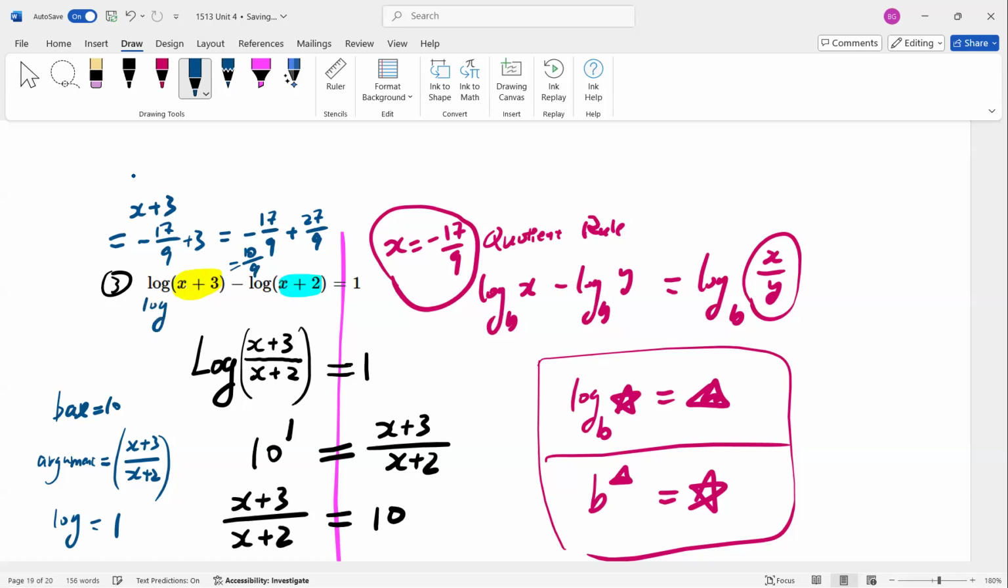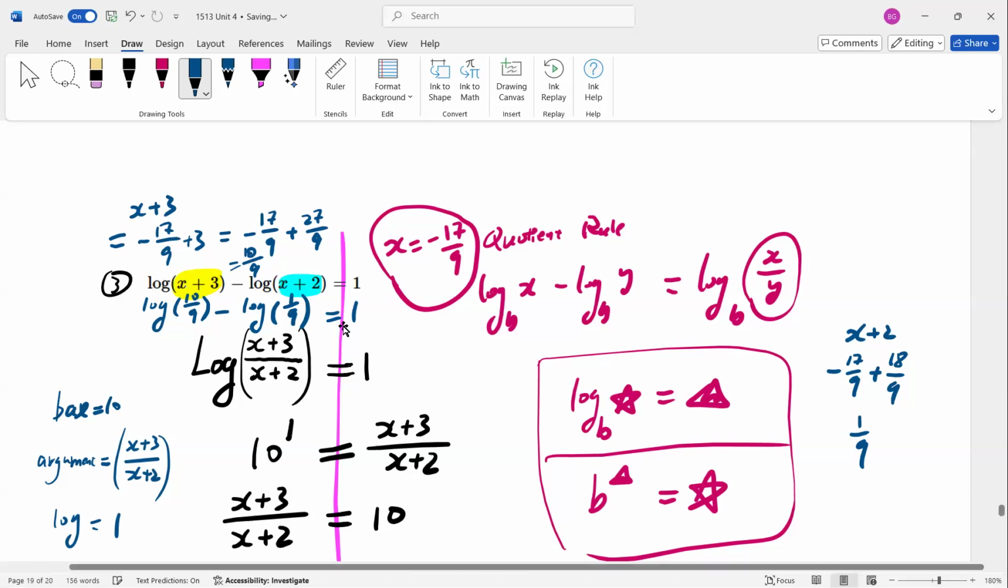So here's the log with base 10/9, and minus log. Let's see the blue. The blue is x plus 2. So if we plug in x equals -17/9 here, I'm going to write 2 as 18/9 and get 18 minus 17, 1/9. So here we have log with base 10 of 1/9. It works. So it is a solution, okay?